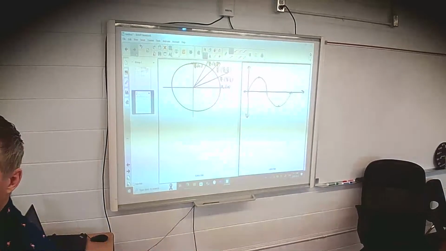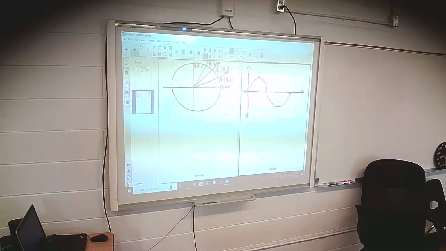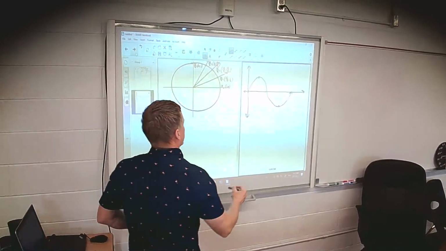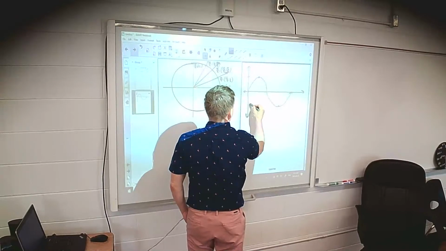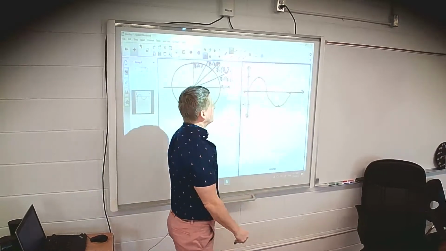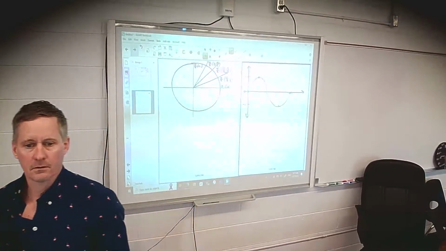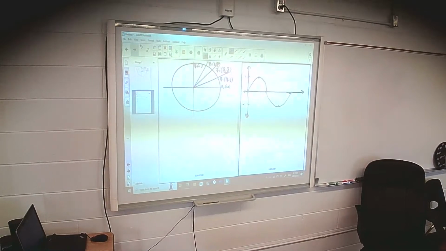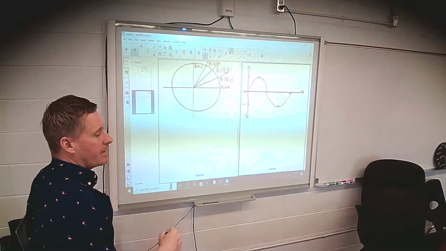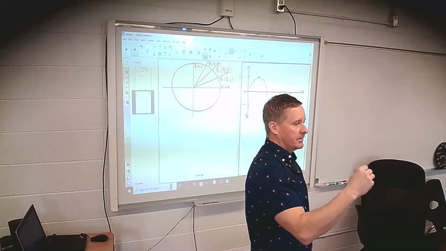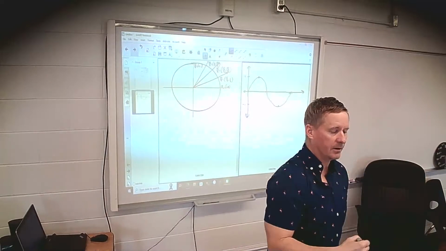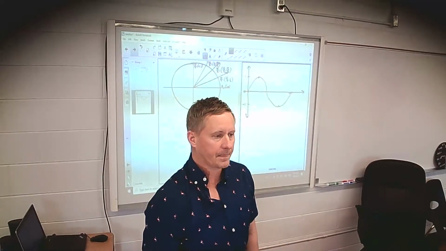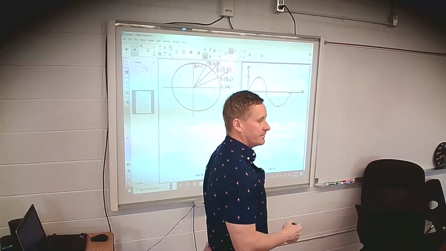Now, looking at that graph, we talked about the maximum value being 1, the minimum value being -1. What's the amplitude of that graph? 2. No, 1. The amplitude's the maximum distance from the D value, the midline, to the top or to the bottom. Okay? What was the period of this graph?